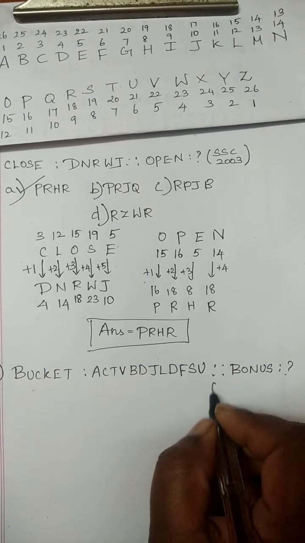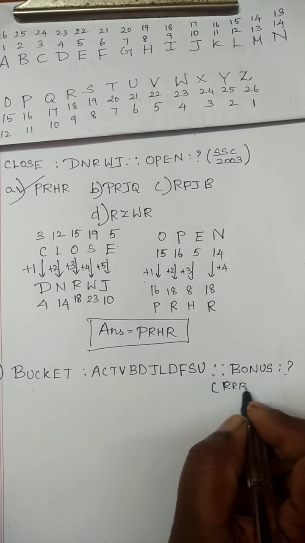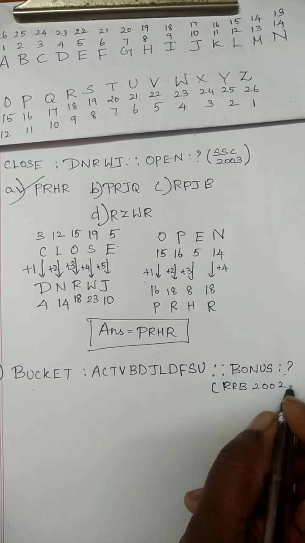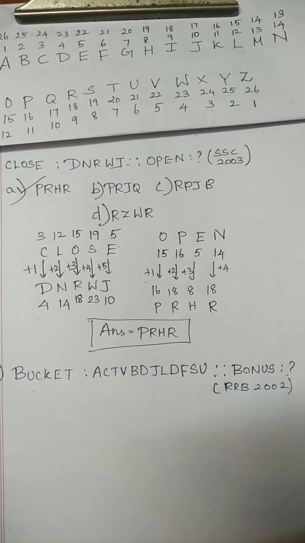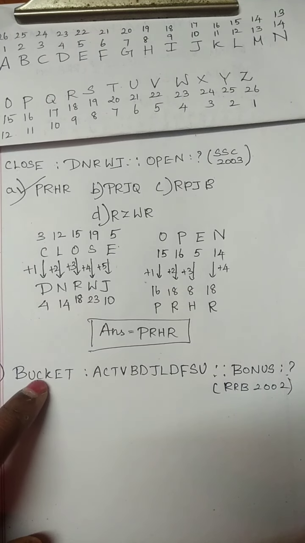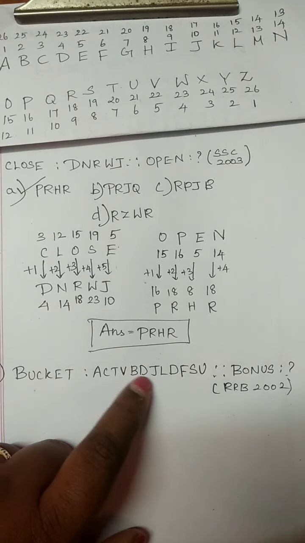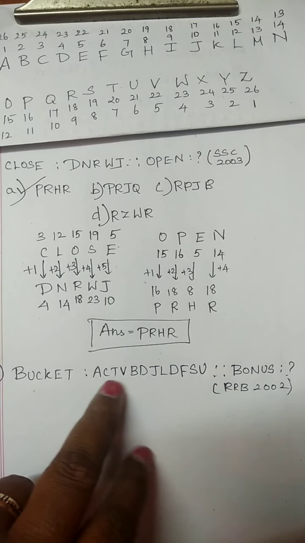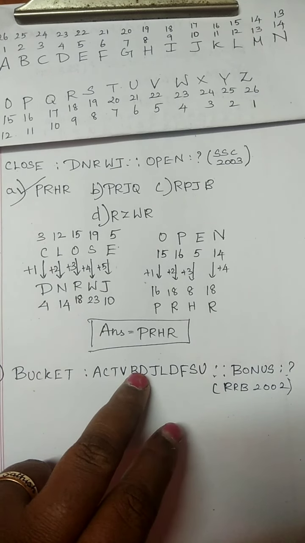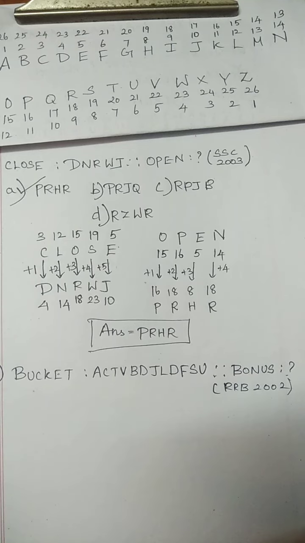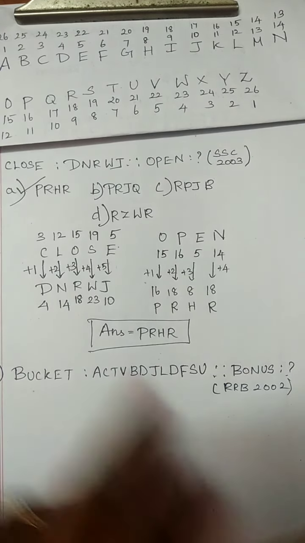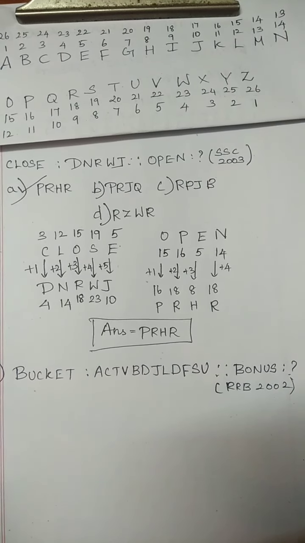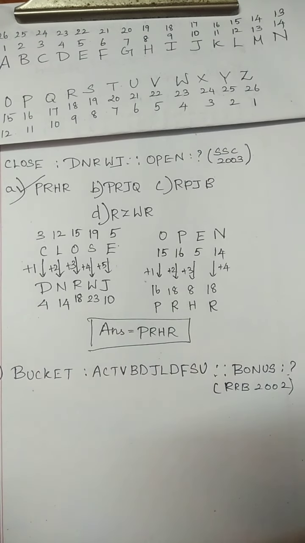And this question was asked in the RRB exam 2002. See, this is only a 6-letter word, but here it's more than 10, 12 letters. But there is no sentence here. Some mixing of letters. So we have to find the clue between this.